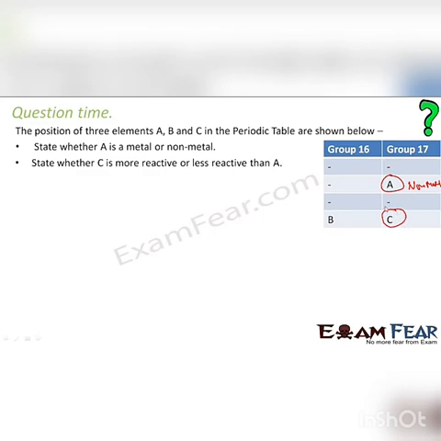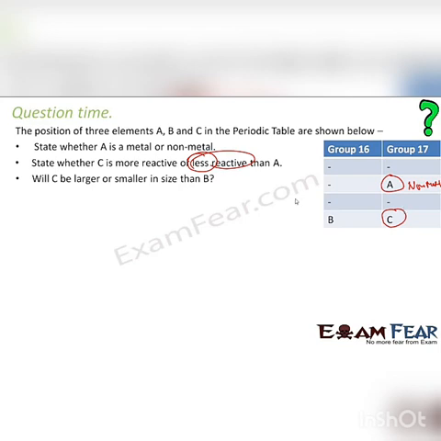So C is less reactive. Why? Because as we go down, the size of the atom increases, the power of the nucleus to attract electrons decreases, and it will not be able to attract electrons, and thus it will be less non-metallic.